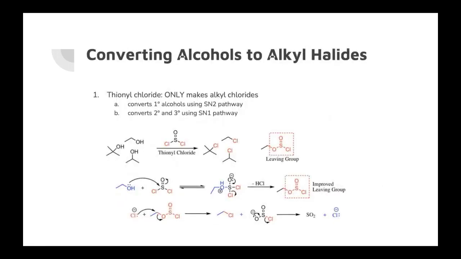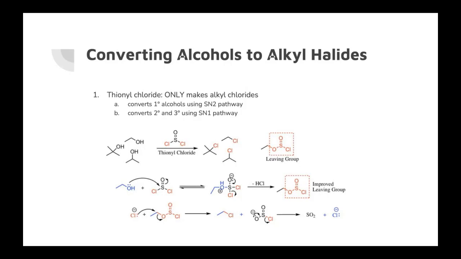Another thing that you learned this semester is converting alcohols to alkyl halides. So there are 2 different ways to do that. The first one is just for alkyl chlorides. So that's using thionyl chloride or SOCl2. That will convert primary alcohols using the SN2 pathway, and then it can also convert secondary and tertiary alcohols using the SN1 pathway.